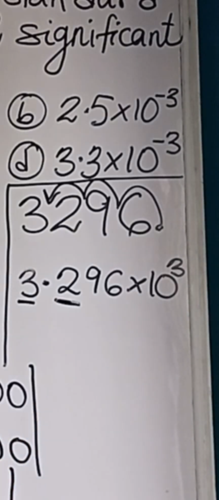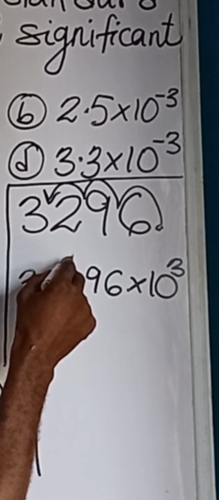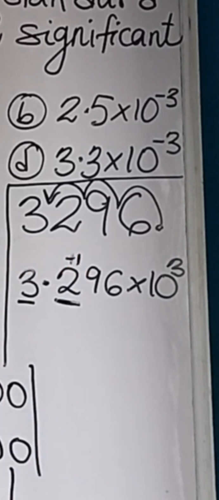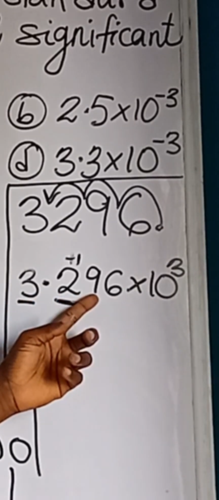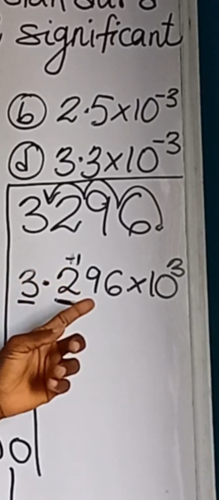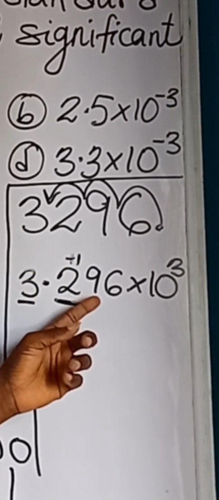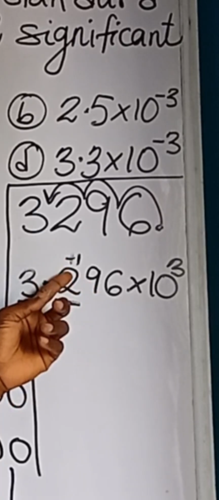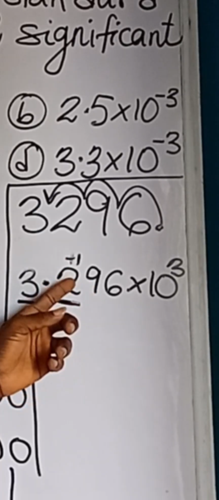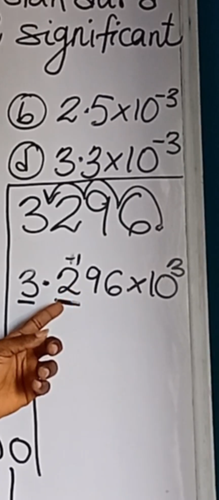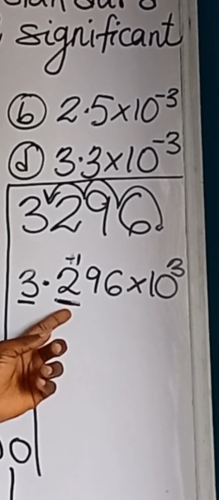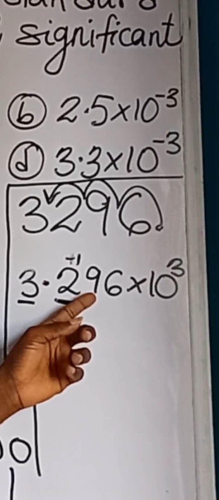Any figure from 5 to 9 is useful. Therefore, you have to add 1 to 2. Because if you have 5 here, it's useful. You add 1 to 2. If you have 6, 7, 8, 9, you add 1. The only time you don't add anyone to the digit where you are stopping is when you have 0 to 4.